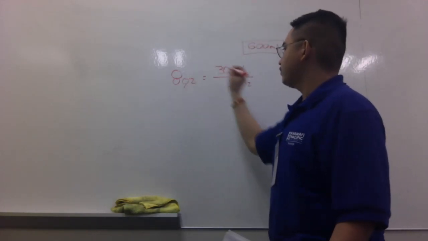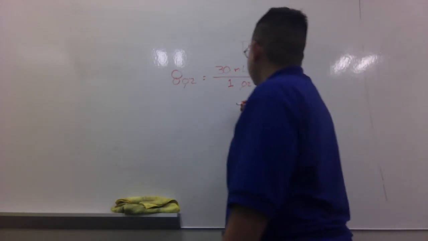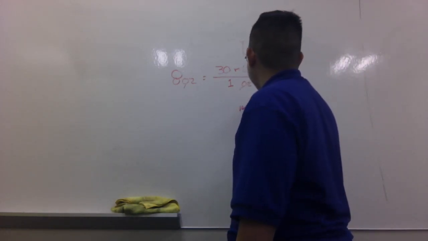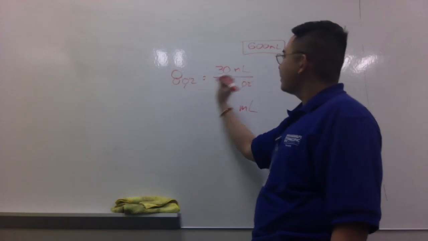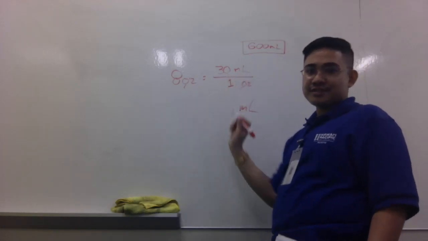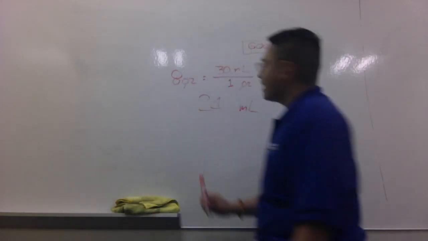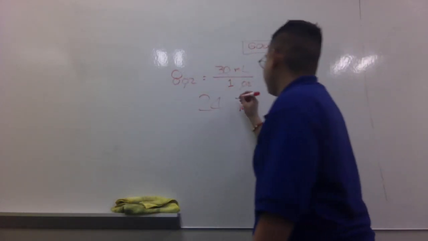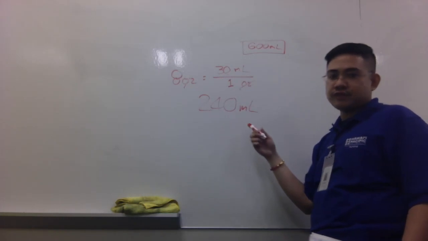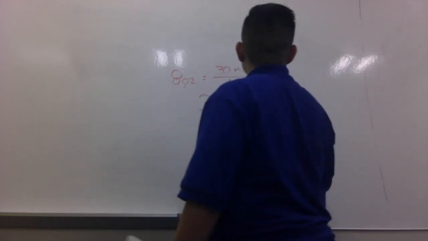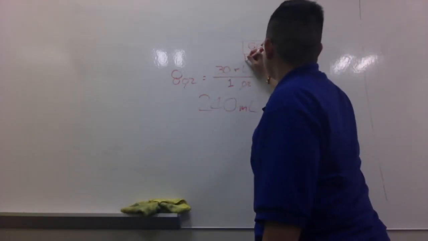Same deal, they cancel out. So how many ml is that? There's 1 zero. 8 times 3 is 24. And how many zeros do we have? 1. So we just drop that 1 zero right there. 240 ml. Okay, so let's put this down right here.